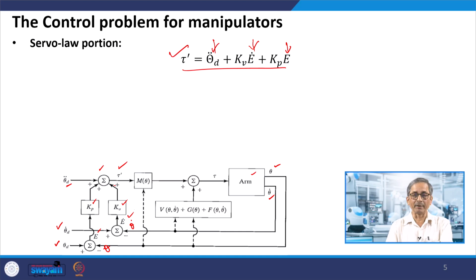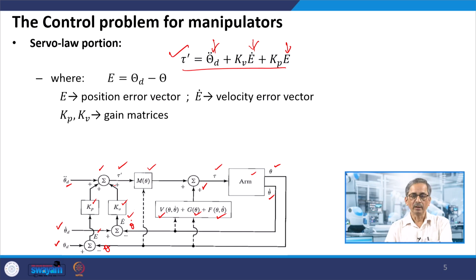The previous portion which I have shown over here comes from this part. I can evaluate these values for different values of theta and theta dot and enter them here, and this tau dash is multiplied by M(theta). When added over here, that gives me tau. These terms I have already explained.